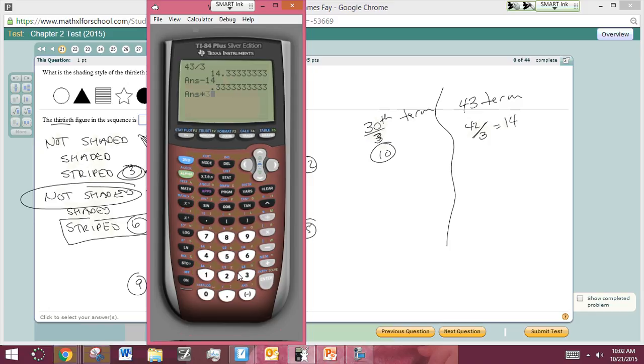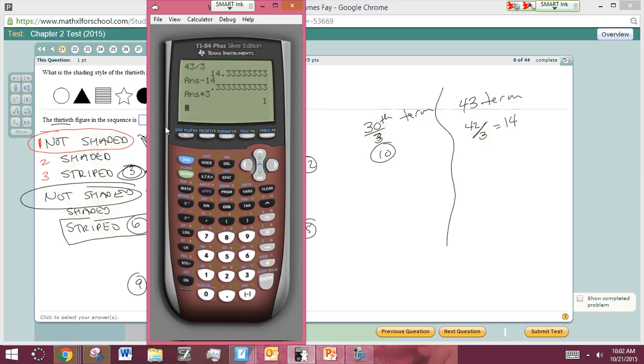So I'll multiply that by 3, and a third of the way into the next cycle would be one term. That 1 matches up to the first term in the pattern. If I subtract the 14, take the remainder and multiply by 3, and get a 1, I match that 1 up with that term, and now I see that the 43rd term is not shaded.